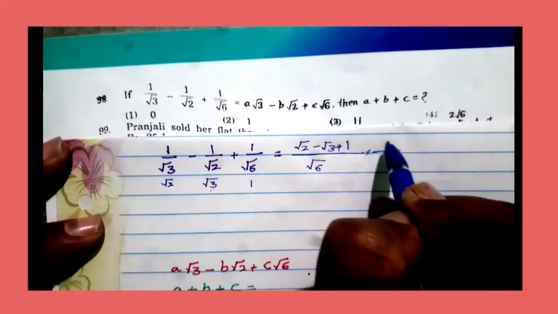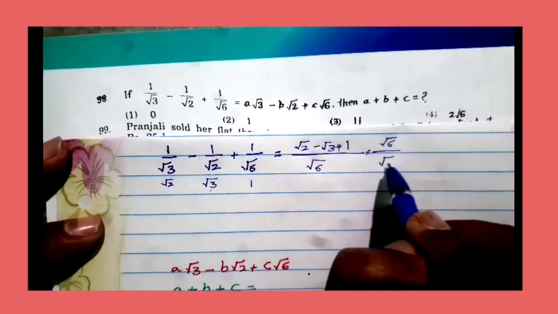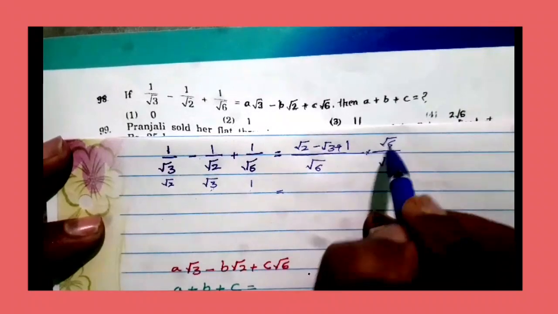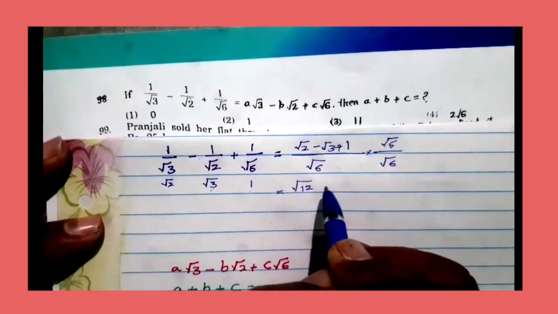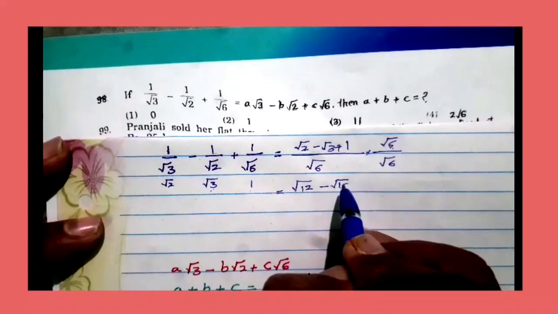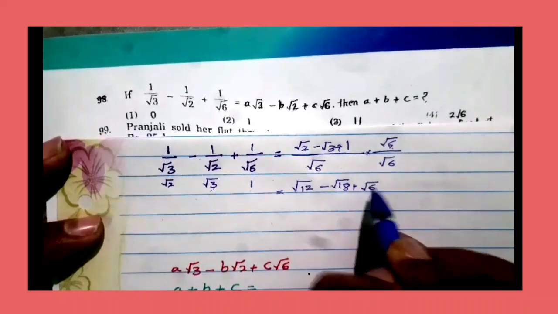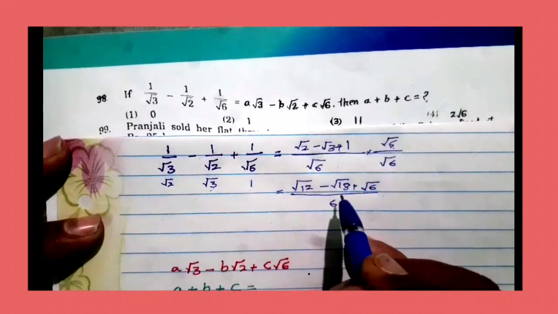Now we can add root 6 upon root 6. Now 6 times 2 is 12, minus 6 times 3 is 18, plus root 6 upon root 6 into root 6 is 6.